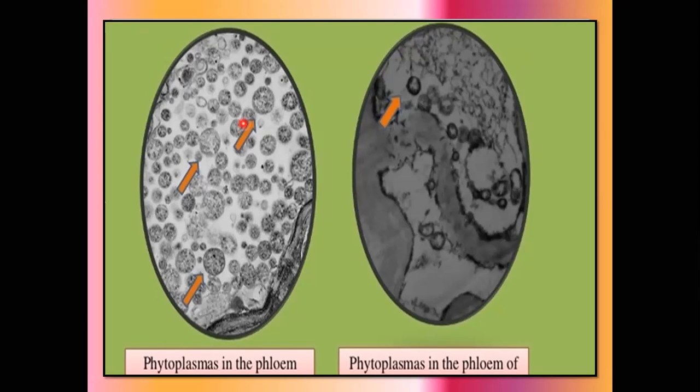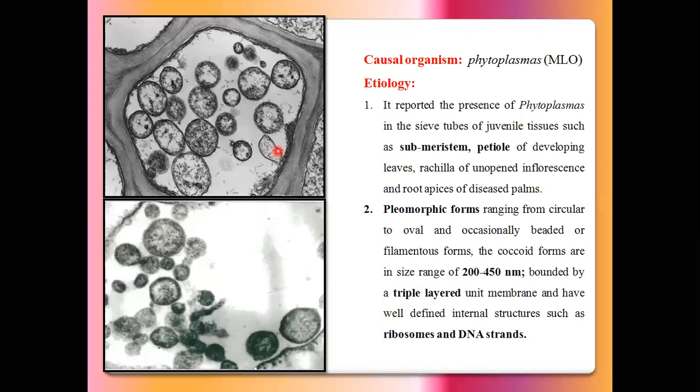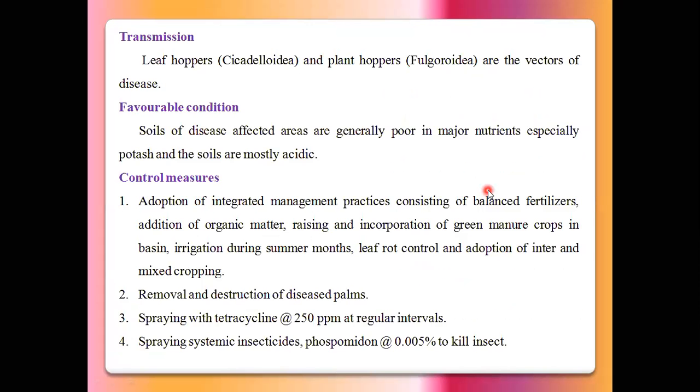It is generally 200 to 550 nanometers in size, and these pleomorphic cells are bounded by triple layers with unit membranes. It has ribosomes and DNA strands, meaning the DNA nucleic acid is present in the phytoplasma. This is the ecological part of phytoplasma or mycoplasma-like organisms.